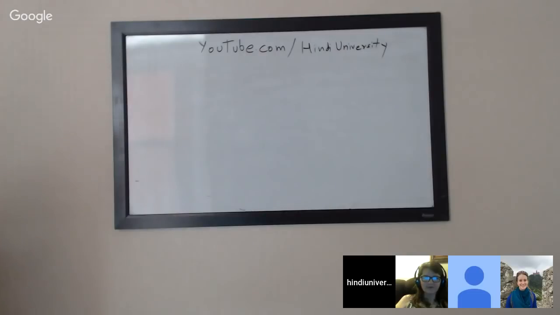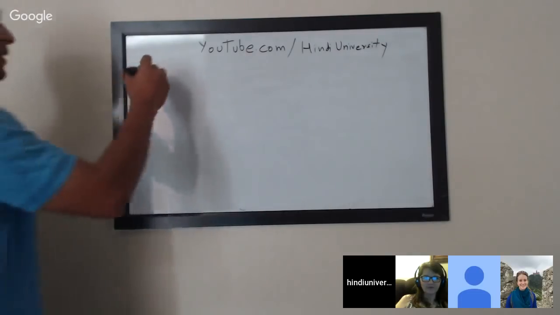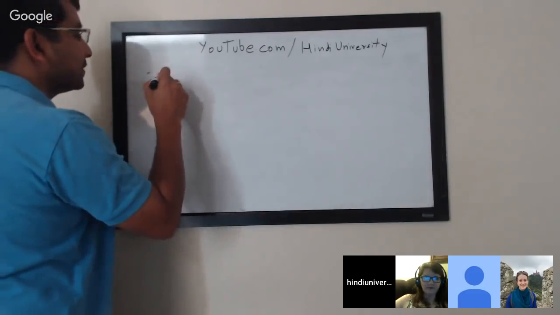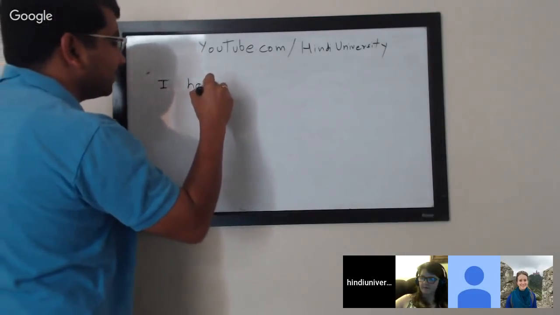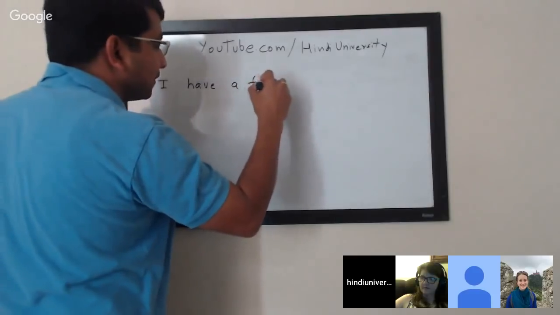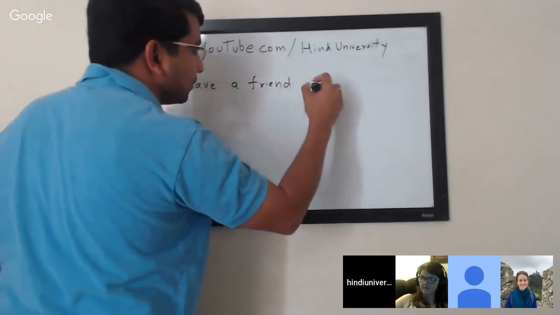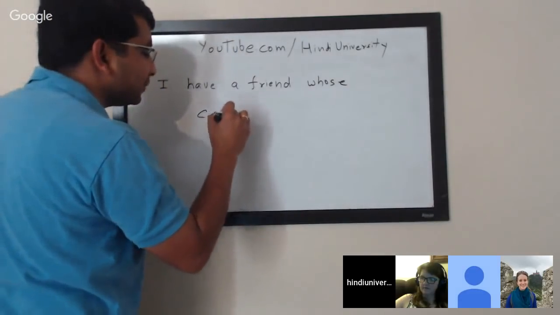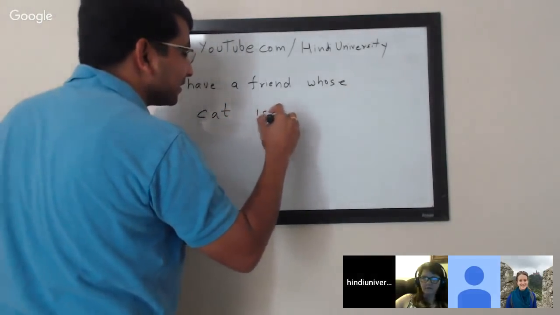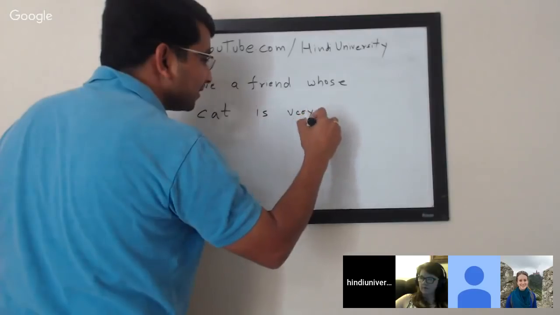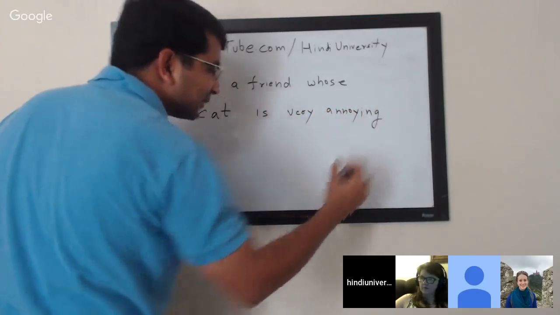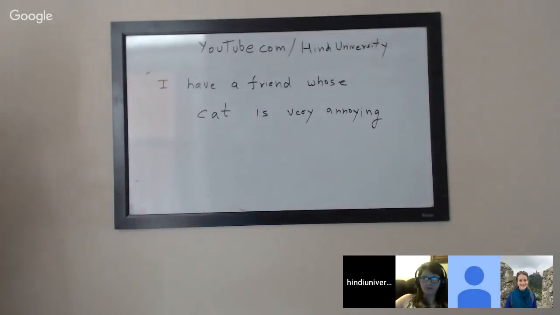I have a friend whose, and cat lovers will hate me here, whose cat is very annoying. I just picked up this example. Okay, I didn't write it, so don't hate me for that.